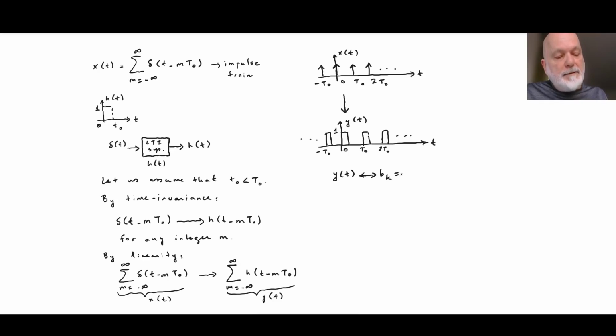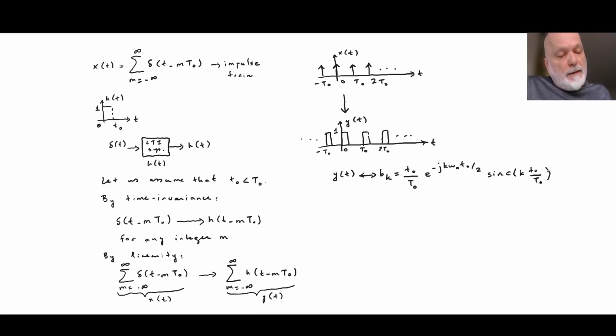But if we look at bk once more, we will recognize this as the Fourier series coefficients of this rectangular pulse train. So we have t0 over capital T0, e to the minus jk omega 0 t0 over 2, sinc of k t0 over T0. Okay.